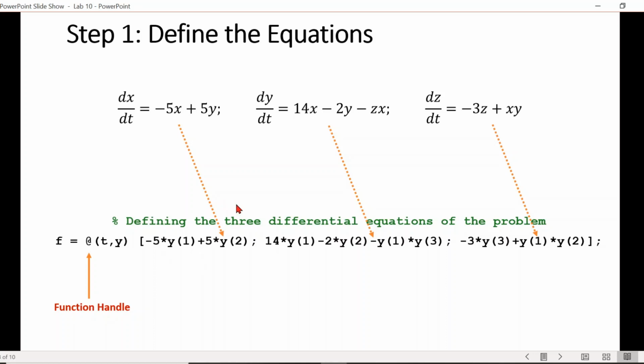All the three equations are defined in a single array or matrix, which is F. Also, look at the way the variables are defined. y1 refers here to x, y2 is for y, and y3 refers to z. The semicolon here means that the matrix F is a column matrix with 3 rows.